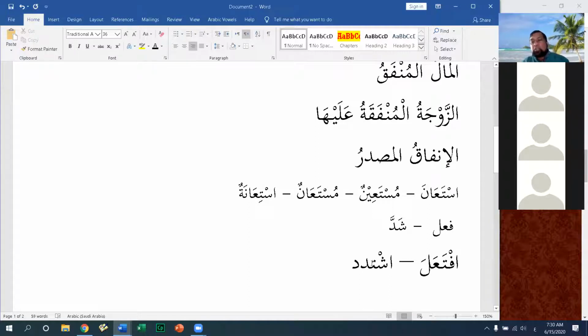Okay, so let me put that for you. Ishtada. So what we do, the same thing here, just like we did with shadda, is we put a shadda on the dal and put fatha. So ishtadda is on the pattern of ifta'ala, from shadda.